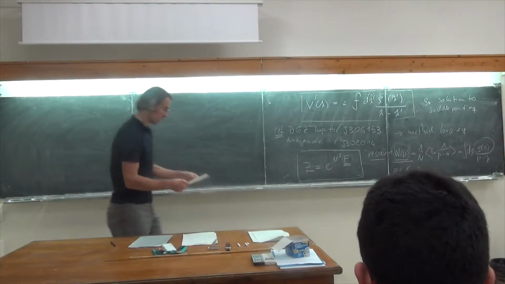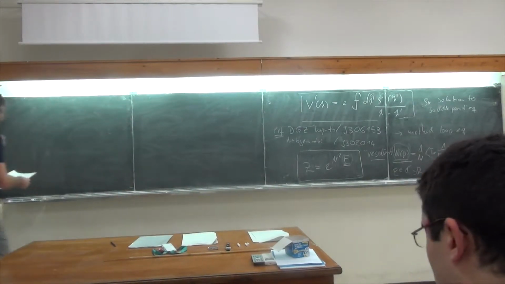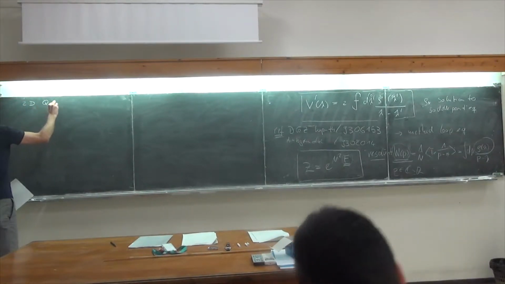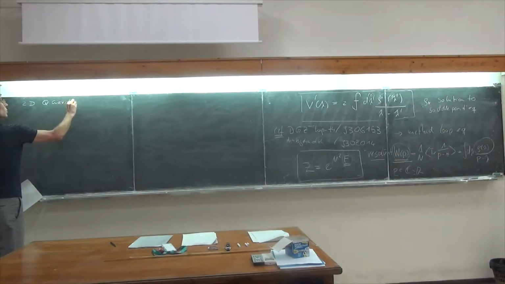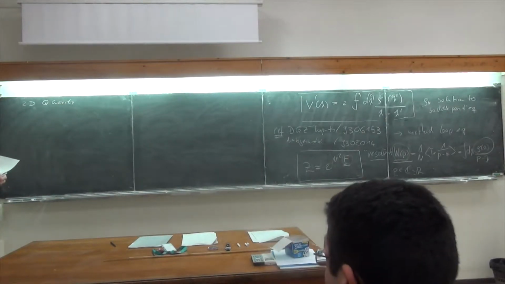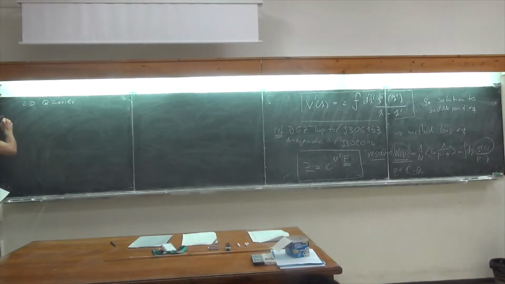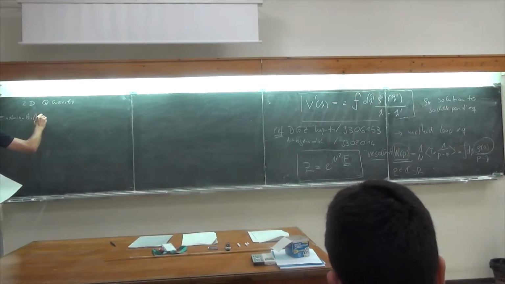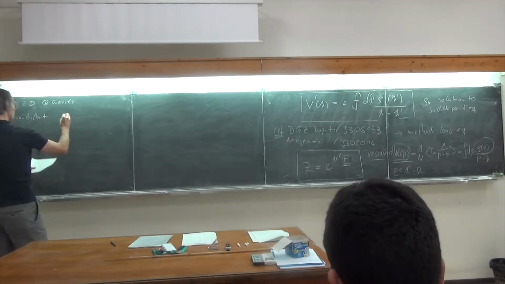Okay, so I was saying something about 2D quantum gravity. So let's start with classical gravity, so the Einstein-Hilbert action would look as follows.